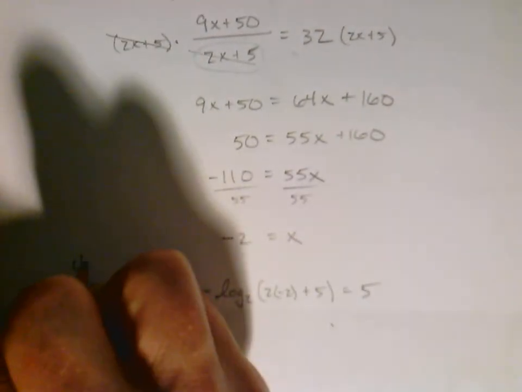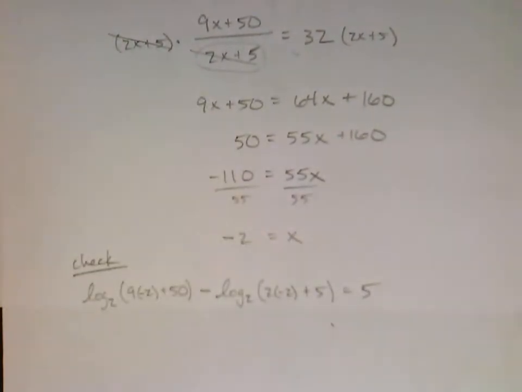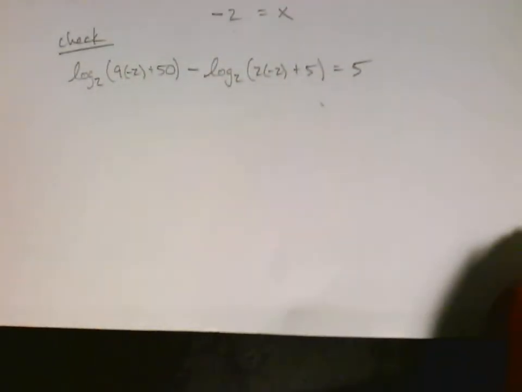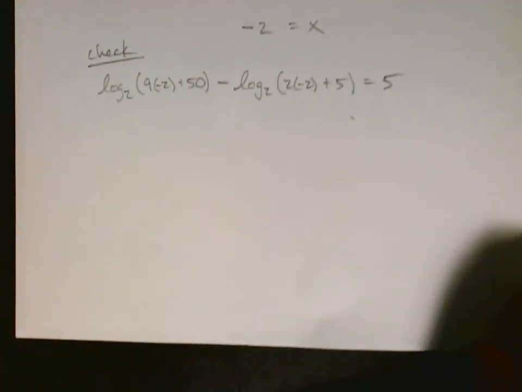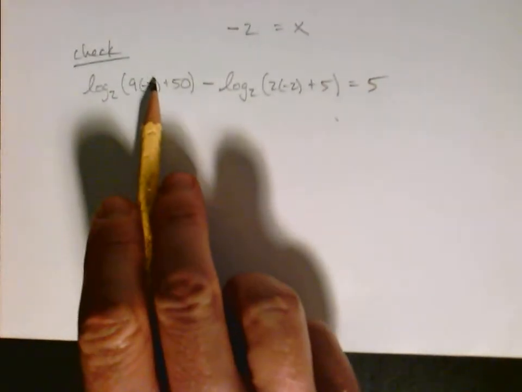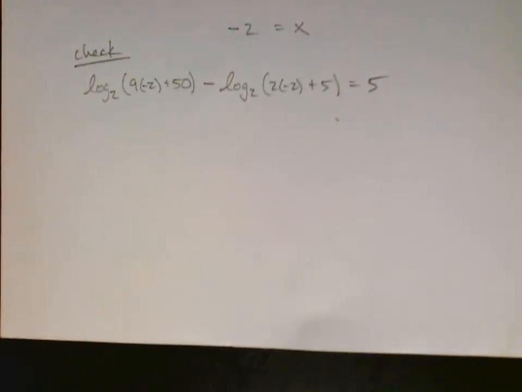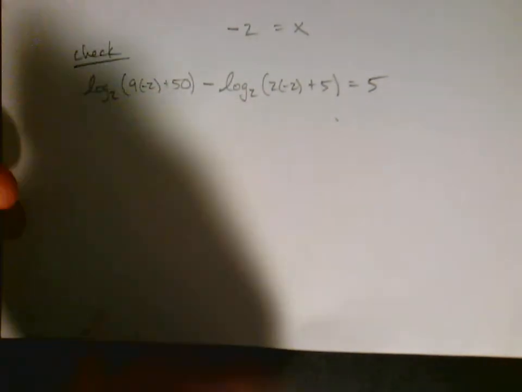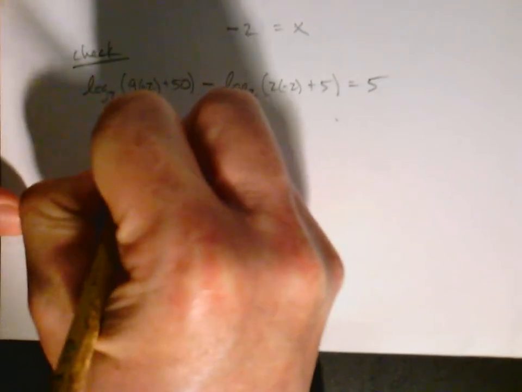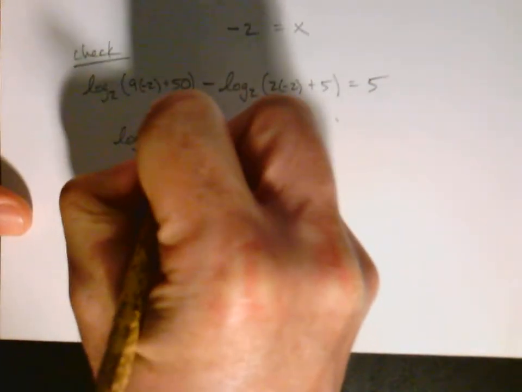Here we are, plugging negative 2 back into the original problem. 9 times x, negative 2 times x, right? Okay, let's see what happens here. Well, that'd be negative 18. Negative 18 plus 50 is 32.